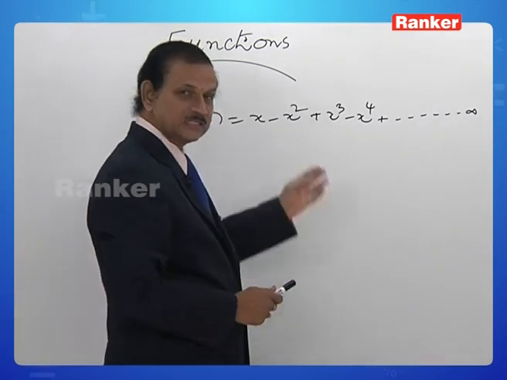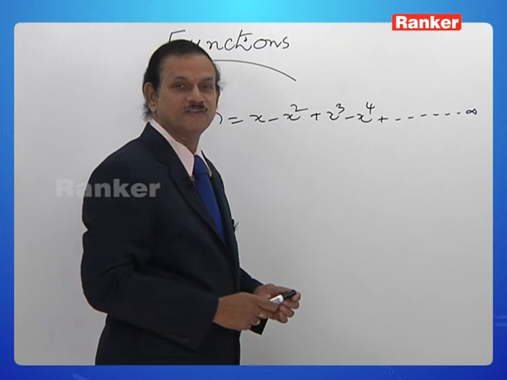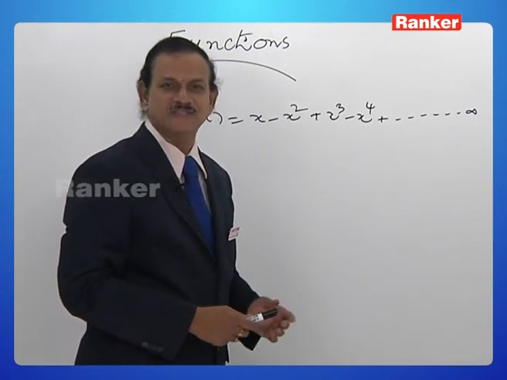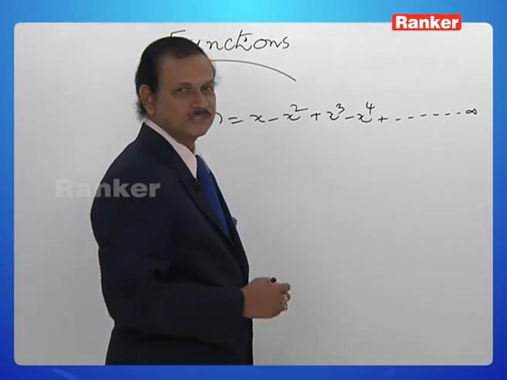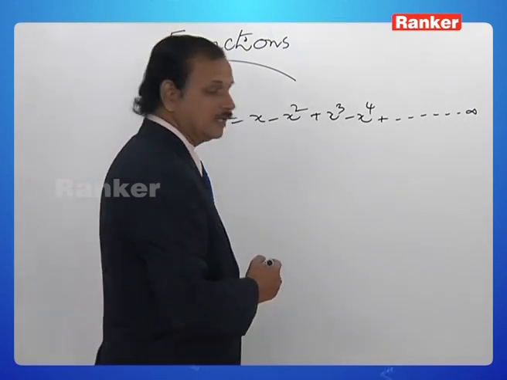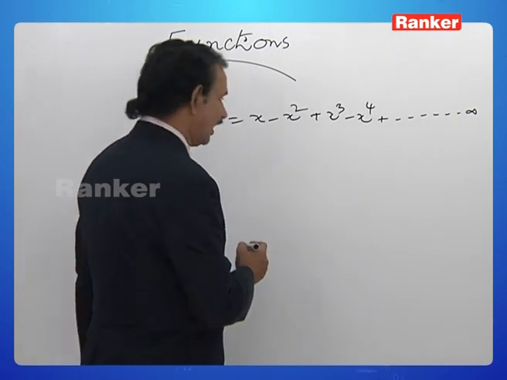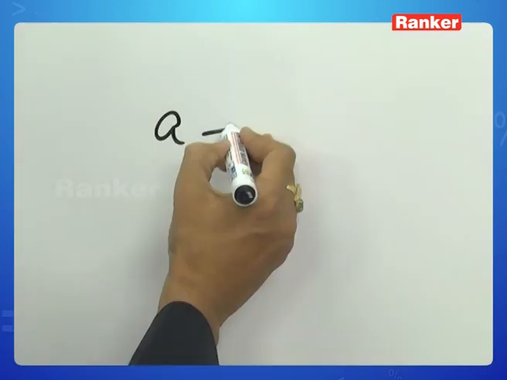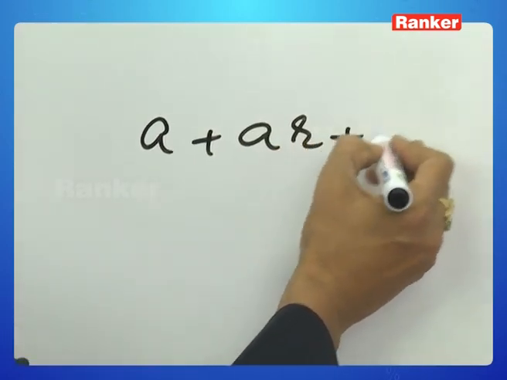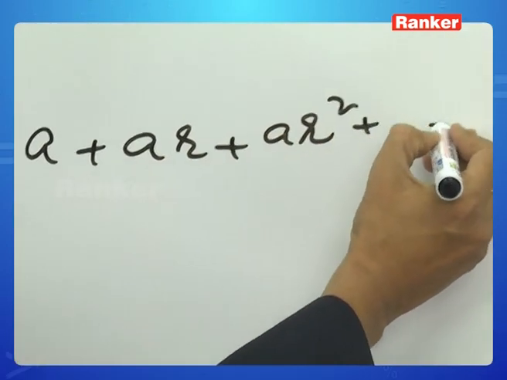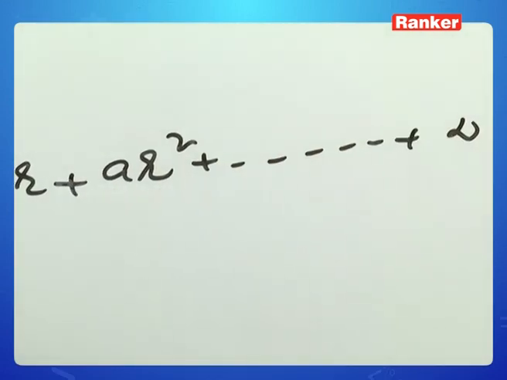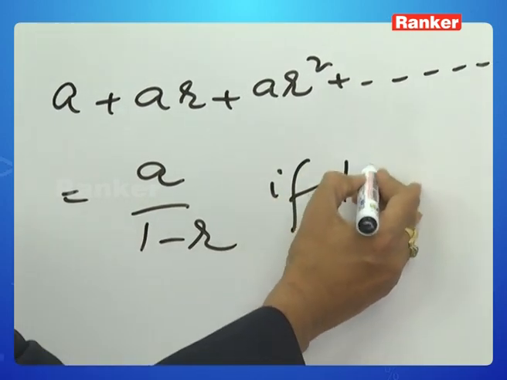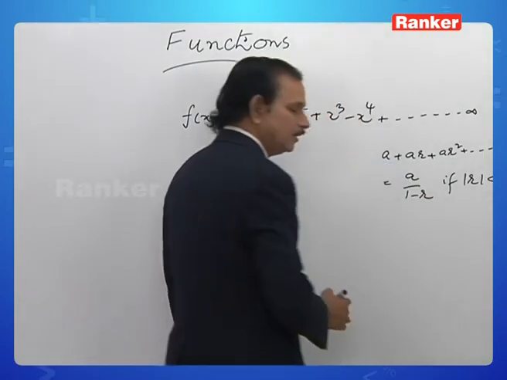So, the modulus of the common ratio, that is modulus of minus x here, is less than 1. Hence, this is an infinite GP in which modulus of the common ratio is less than 1. Hence, by using the sum to infinity formula, that is a by 1 minus r, let us recall the formula: a plus ar plus ar square plus etc up to infinity is equal to a by 1 minus r if mod r is less than 1.